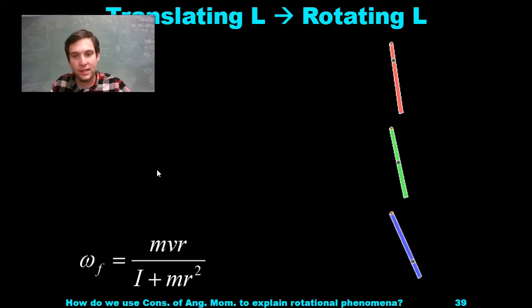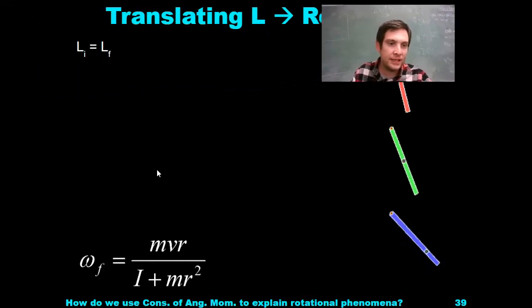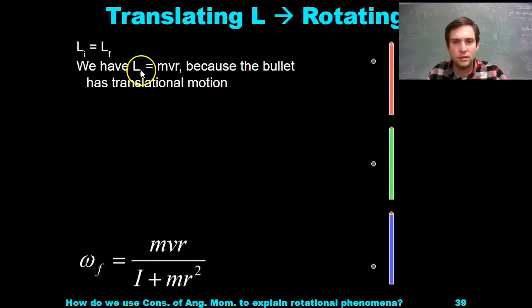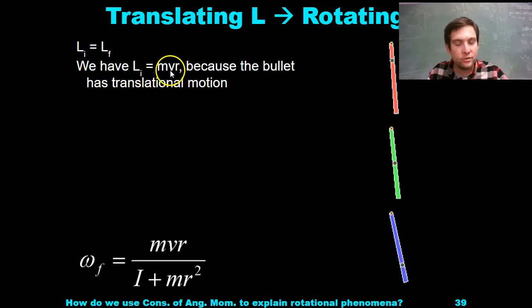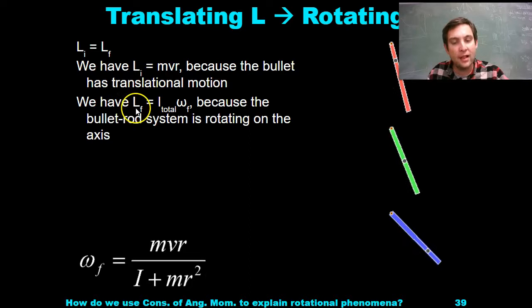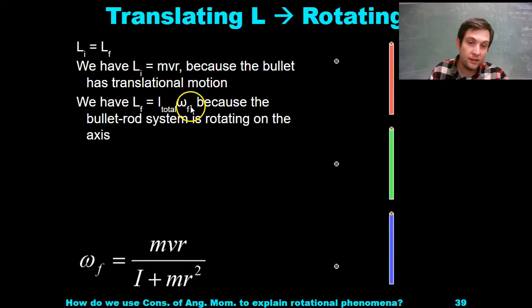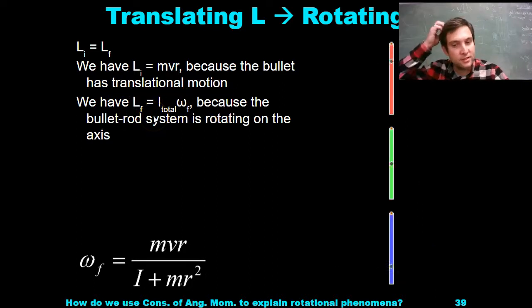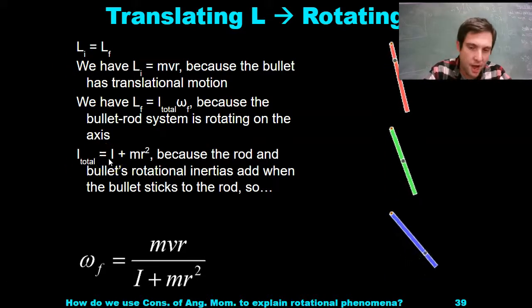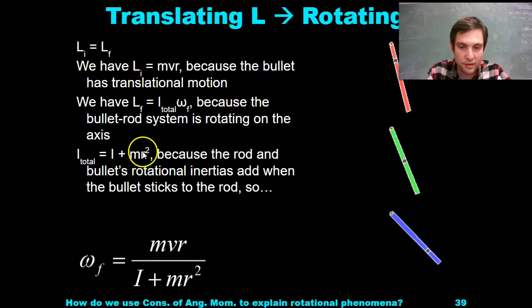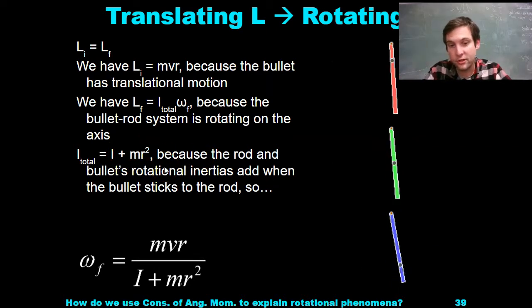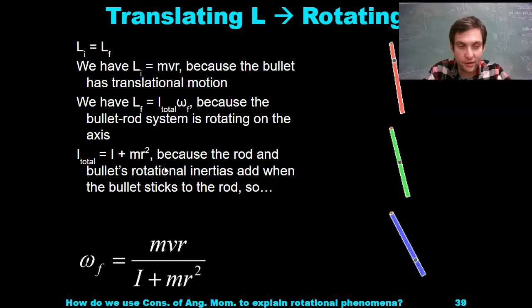So all of the angular momentum in the beginning has to equal all of your angular momentum in the end. In the beginning, we're using mvr because the bullet is translating. We have L final equals I times omega because the bullet rod system is rotating on its axis. And we're using total I, which is I plus mr squared, because we're using the rod and the bullet's rotational inertias together when they combine.